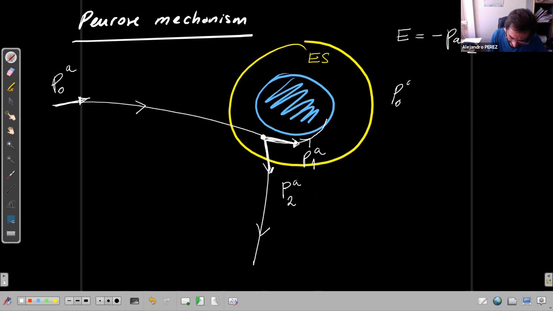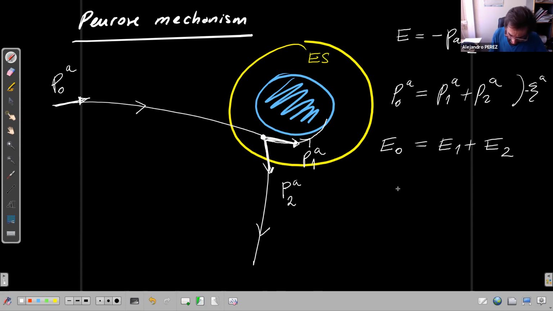So energy-momentum conservation implies that P1A plus P2A must be P0A. Now just compute the inner product of this with minus psi, and we find that E0 must be equal to E1 plus E2. But now if you arrange E1 to be negative, then to satisfy this equation, E2 will have to be greater than E0.